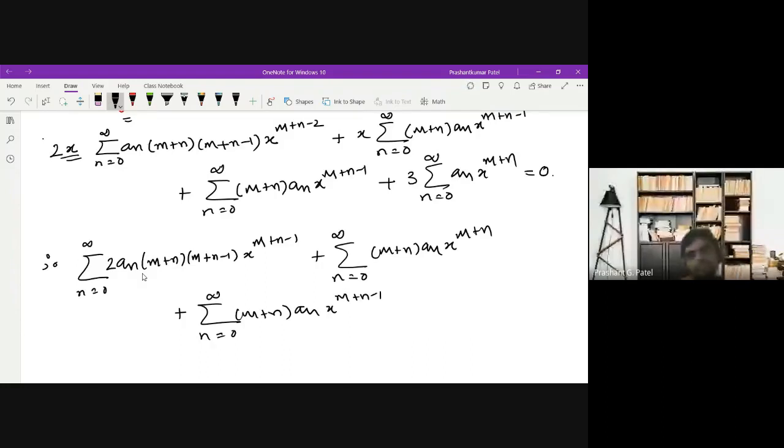That is the other term we have. And plus 3 summation n running from 0 to infinity a n x raised to m plus n.